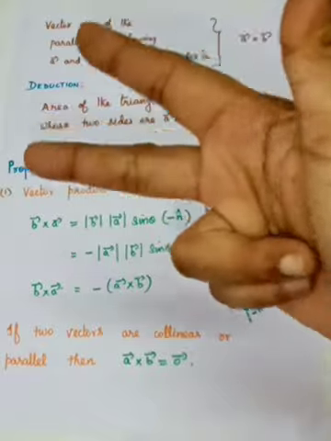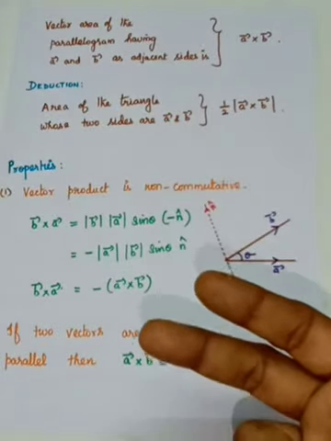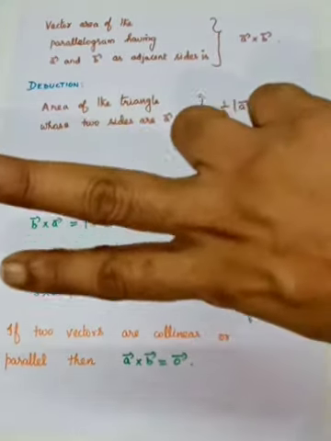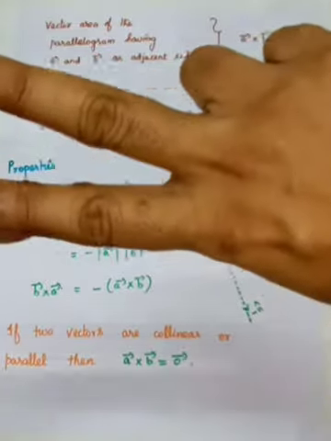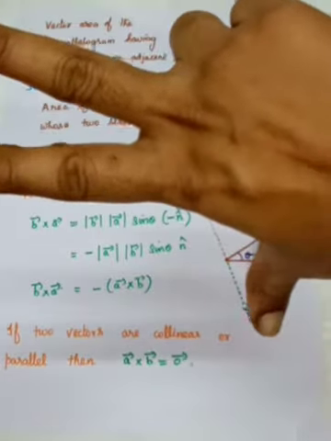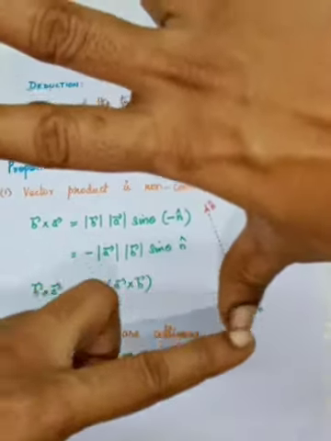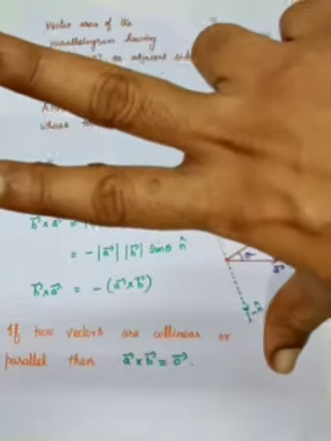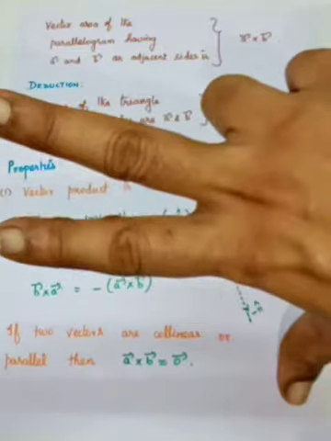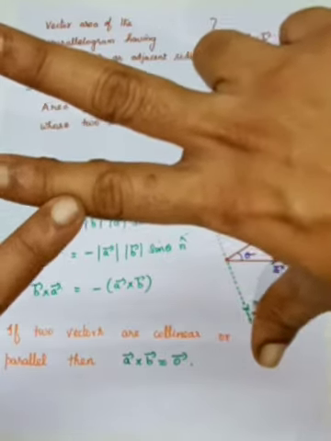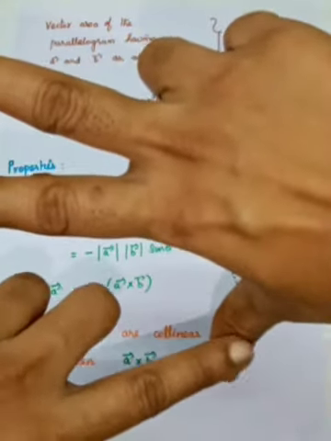Now we are looking at B vector cross A vector. This is your B vector and this is your A vector, which means your thumb points down. This is B vector cross A vector. Only then do they form a right-handed system: B vector, A vector and B vector cross A vector.